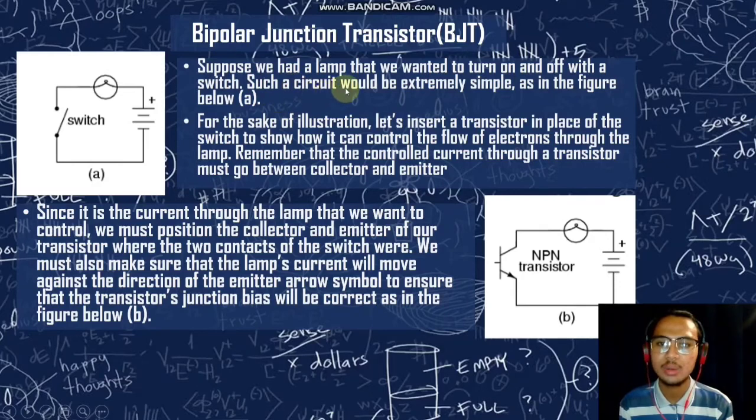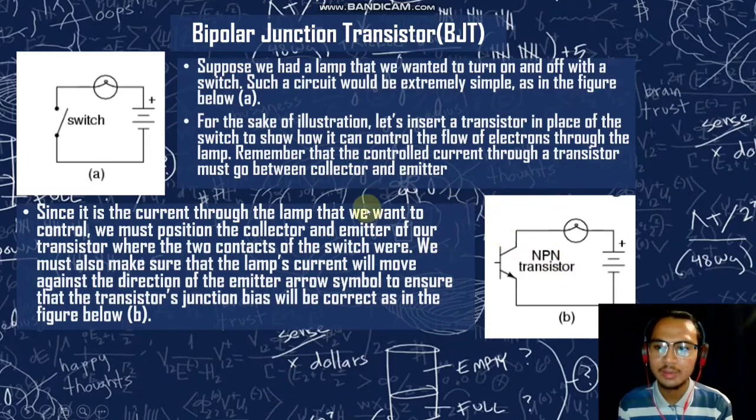Such a circuit would be extremely simple, as in the figure below. For the sake of illustration, let's insert a transistor in place of the switch to show how it can control the flow of electrons through the lamp. Remember that the controlled current through a transistor must go between collector and emitter.